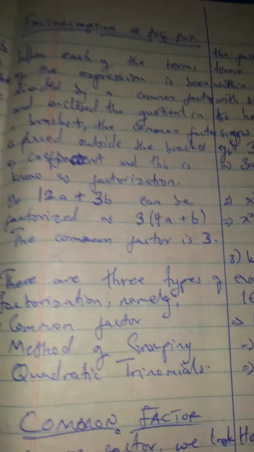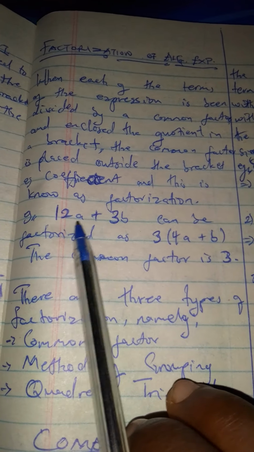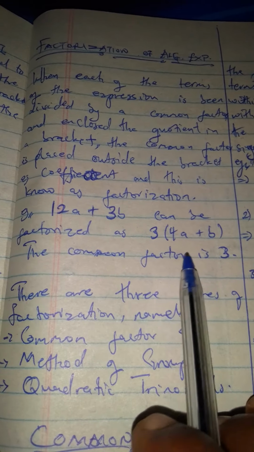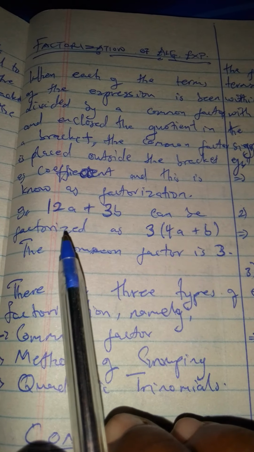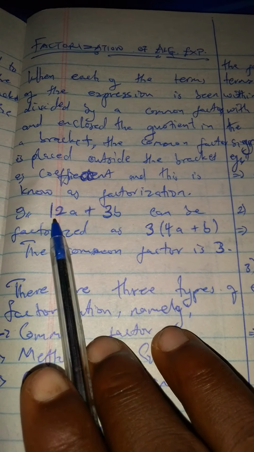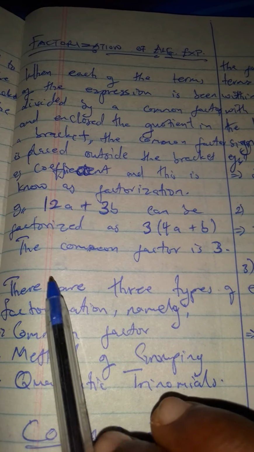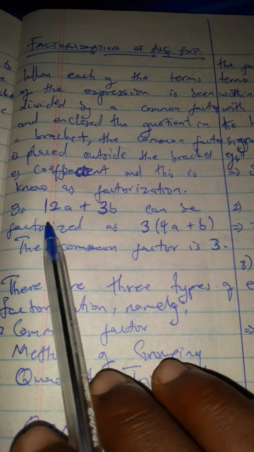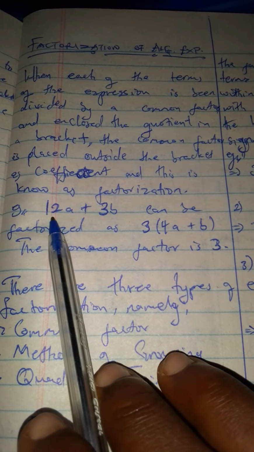So an example is 12a plus 3b. This can be factorized in this way. A common factor is the number that can divide through the 3 and the 12 without a remainder, right? Note that 3 can divide itself 1 and it can divide the 12 by 4.